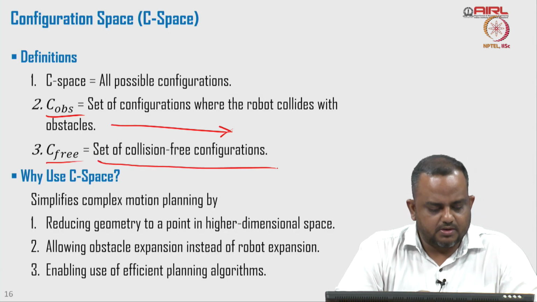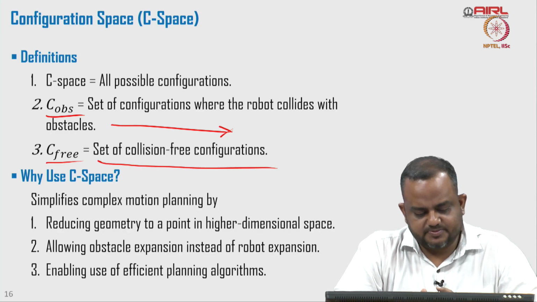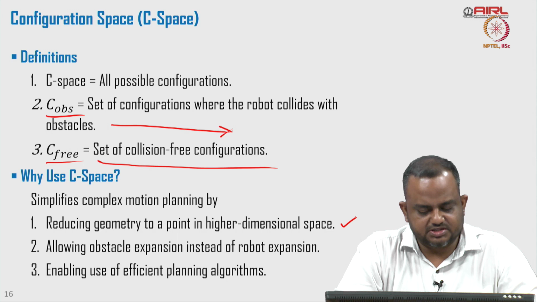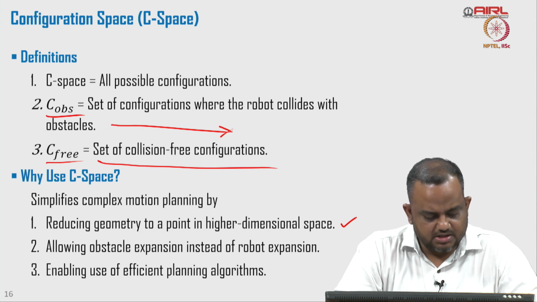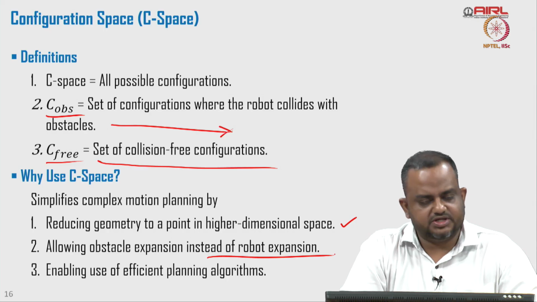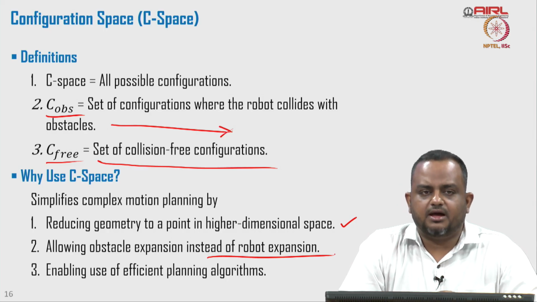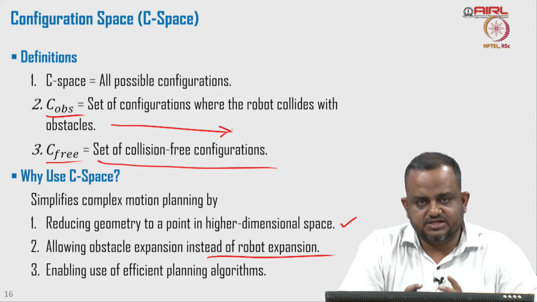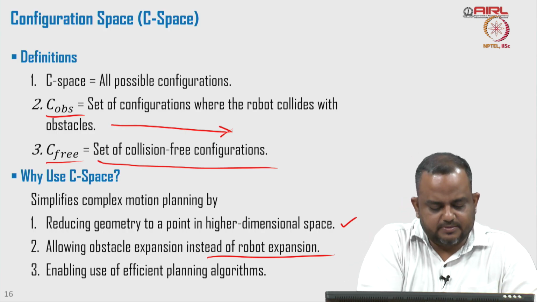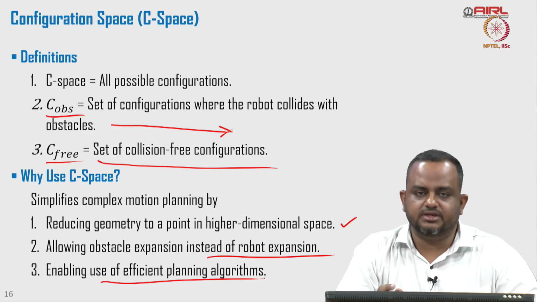So, why use configuration space? It reduces the geometry to a point in high dimensional space. Then it allows obstacle expansion instead of robot expansion. We can see it not in physical space, but in transcended mathematical space, and it enables efficient planning algorithms to be used.